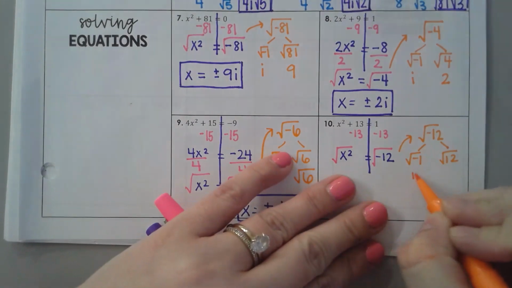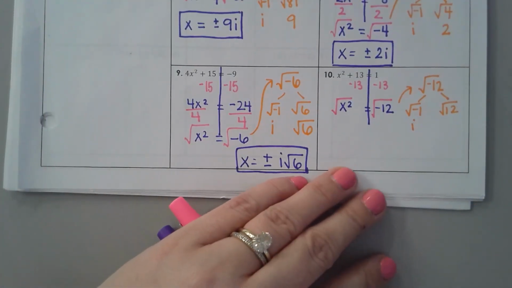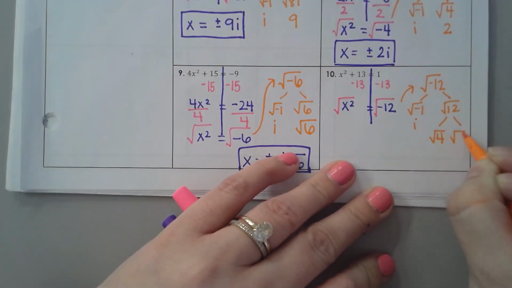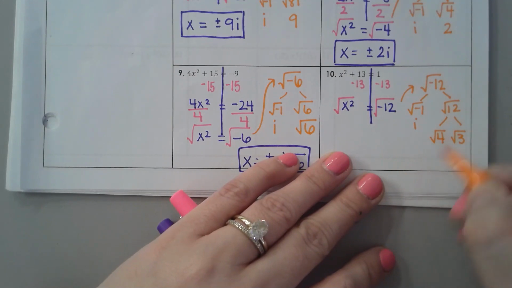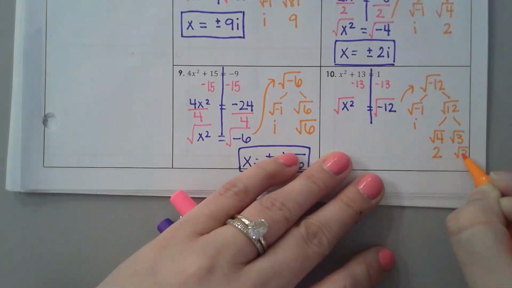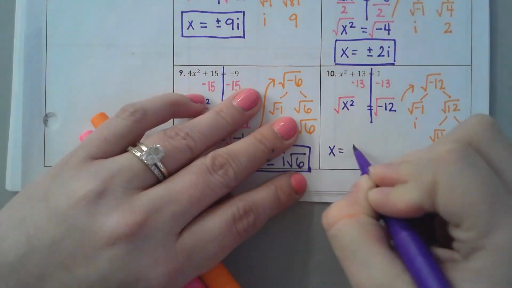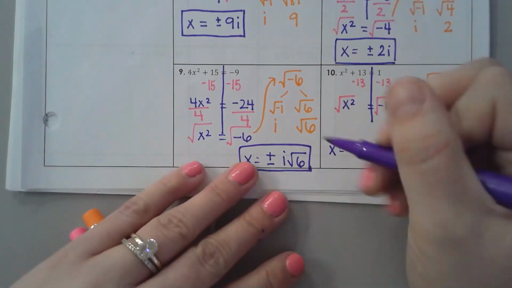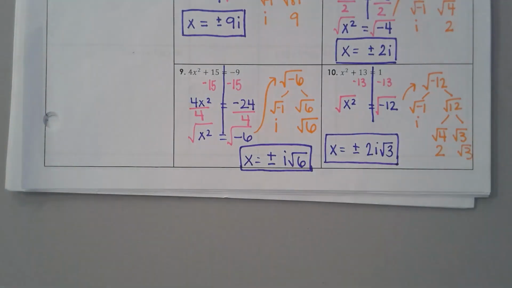I know this is i. And 12 is not perfect, but I am able to split it up: square root of 4, square root of 3. And I know that the square root of 4 is 2, and the other one I can't do anything with. So it's x equals plus or minus 2i square root of 3. Are there any questions?